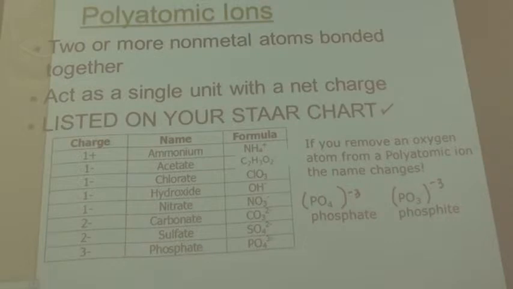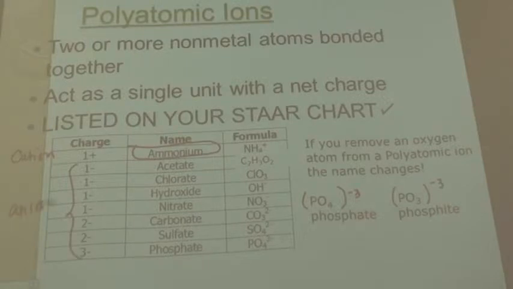Positive charge. All of these have negative charges with the exception of ammonium. It has a positive charge, so in an ionic compound, it will act as the cation or anion? Cation. All of the rest of these would act as the anion.